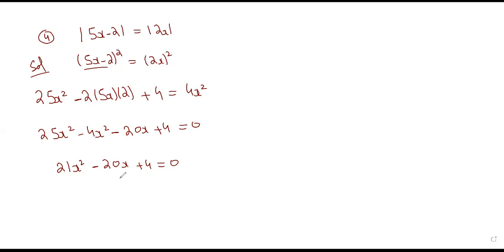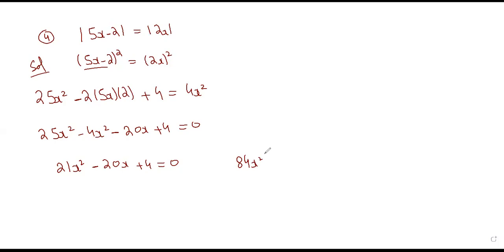Okay, now I can't take anything common. So I know that 21 multiplied by 4 is basically 84x². So I need two numbers such that when I multiply them, I get 84x², and when I subtract them, I get 20 basically. So we need to find those numbers.